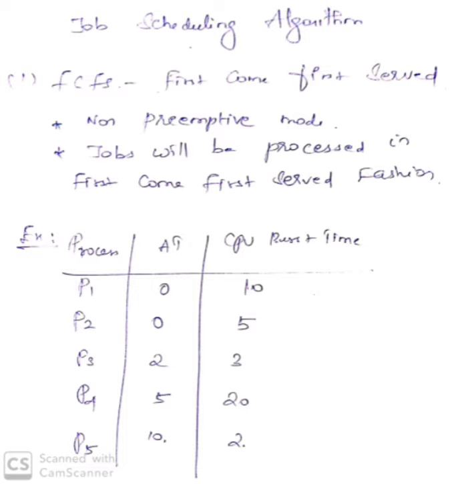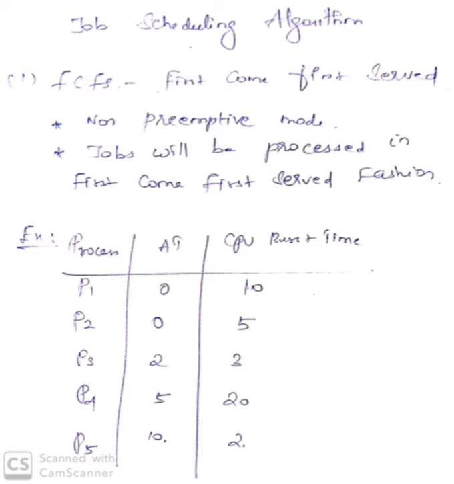All the processes should wait until the running process completes. For example, take P2. P2 will take 5 minutes to complete its task, so the other processes have to wait. They should not disturb P2. This is called the non-preemptive mode. There will be no disturbance until the process has completed its task.